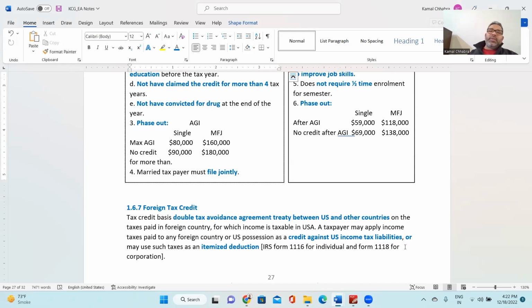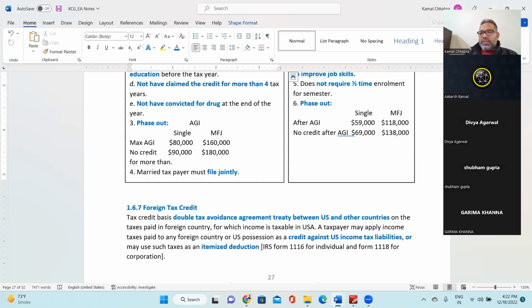And then for married filing jointly, the phase out limit is 160 to 180. If you are married filing jointly, then the phase out limit is 160,000 to 180,000. That means 20,000 is the phase out range. That is the reason we divided 2,500 by 20,000.